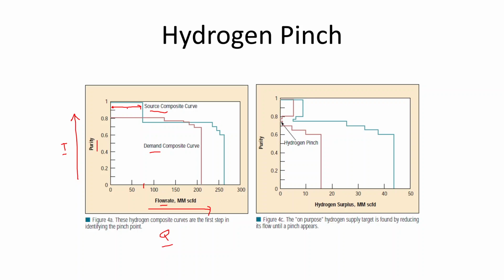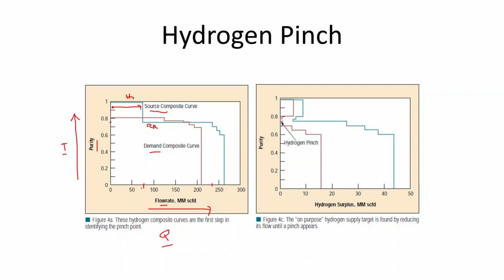And then this is the hydrogen plant, and the next stair is maybe the CCR. So it could be the hydrogen plant, and then this could be the CCR. That CCR is producing hydrogen at about 70 something, 75% purity, and the amount that it produces is somewhere here.